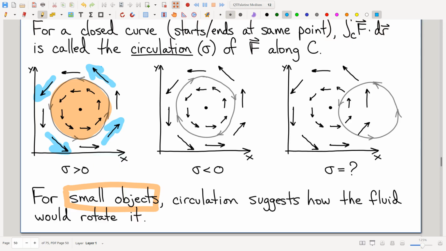Reasonable speculation, I think the leaf is going to rotate also counterclockwise. What do you think? Can you buy it? Maybe you've done this hiking in the woods. You come across a little stream, and sometimes you see a little whirlpool, a little eddy current. You know what I'm talking about?